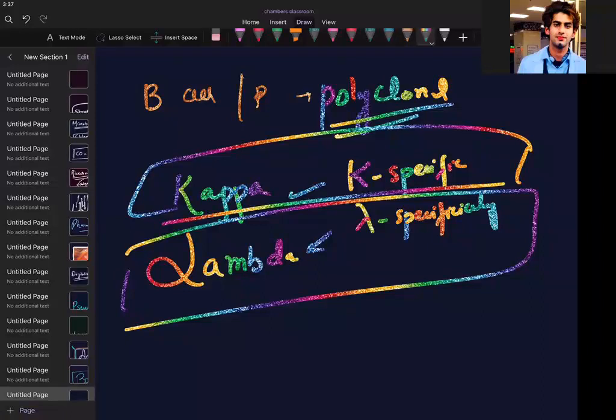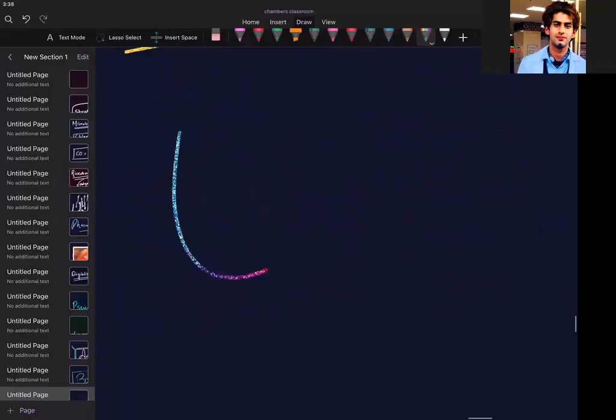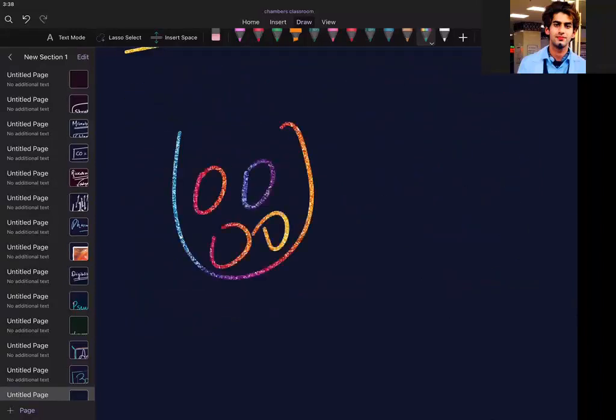If I give you a bowl with immunoglobulins in it and ask whether it is monoclonal or polyclonal, you will say, sir, either all will be kappa or all will be lambda, but not both. That's what we have seen in B cell neoplasms, with cytoplasmic and surface immunoglobulins.